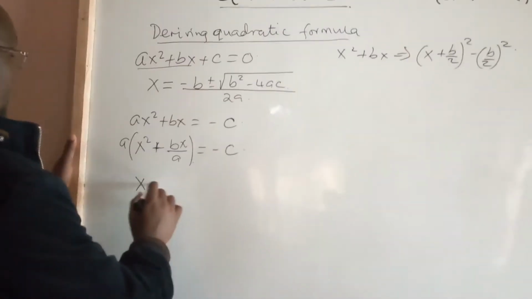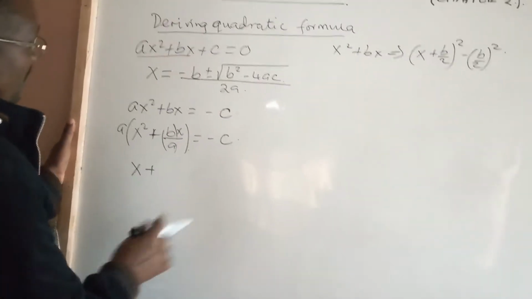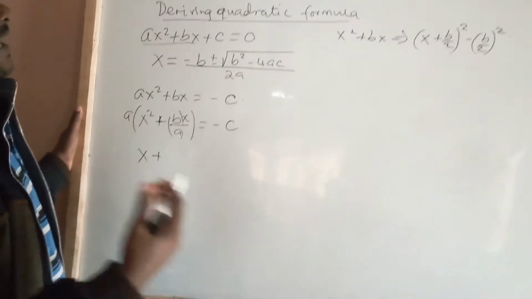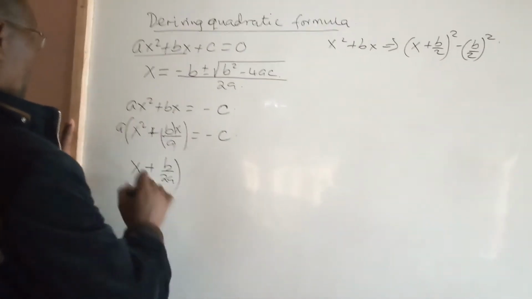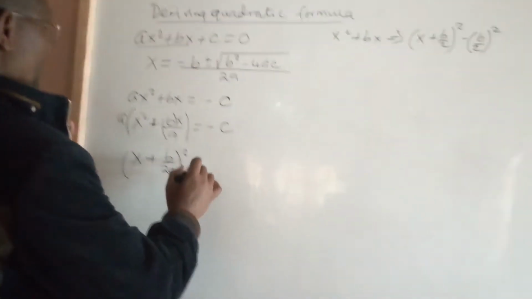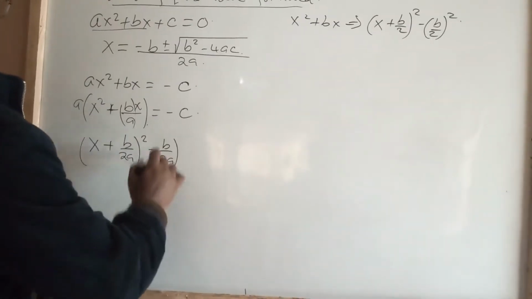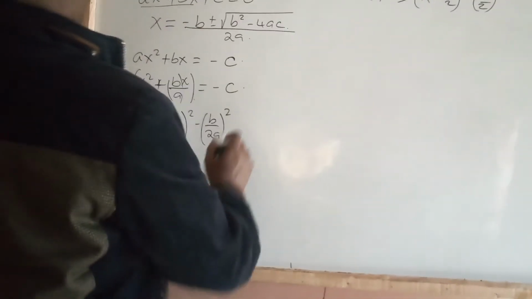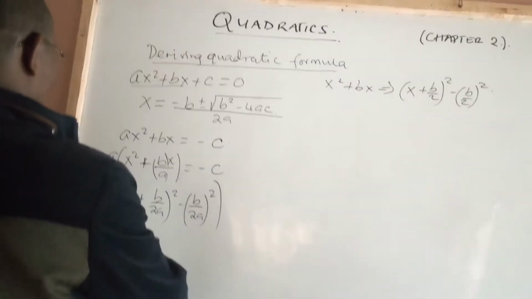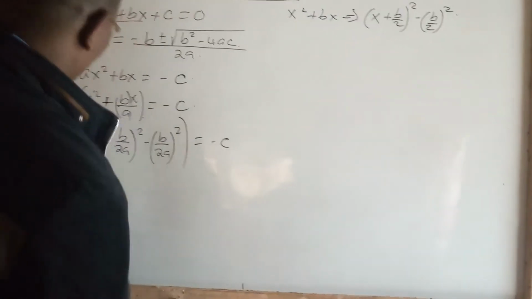We have x plus, the coefficient of x is b over a, so b over a times a half, or rather over 2, is b over 2a, squared, minus b over 2a, squared, because we are following this method. Of course, the whole of this is multiplied by a, equals minus c.